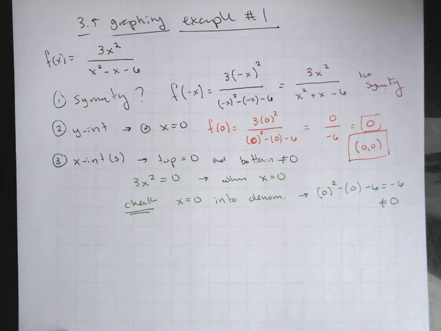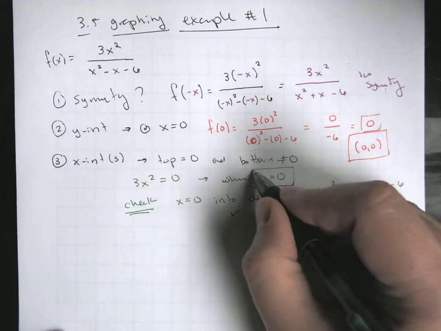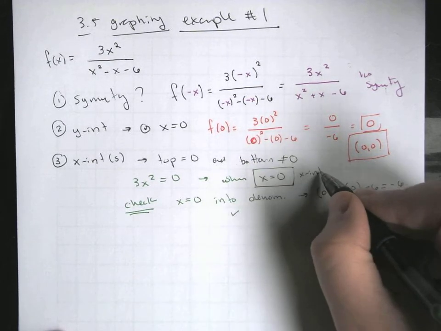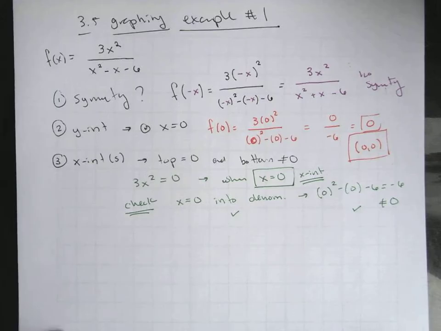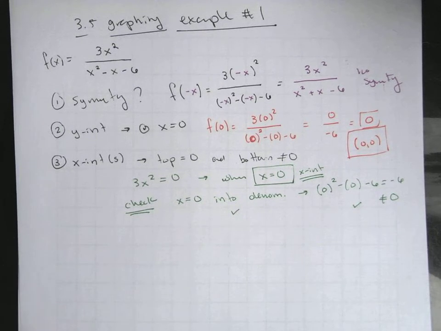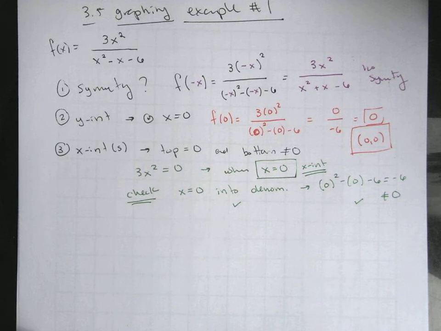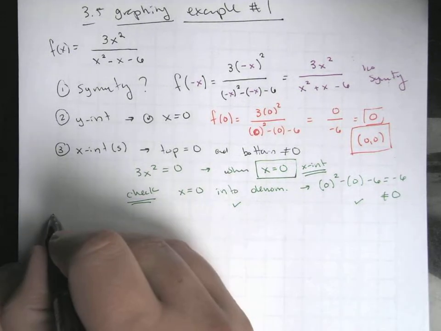So what we want is to have the top equal to 0 and the bottom not equal to 0. So that's good to go. That's going to be our x-intercept. Also the y-intercept, going right through the origin, to be expected based on what we knew already, but always good. We want all these steps to complement each other, and they should all fit together into one nice whole.